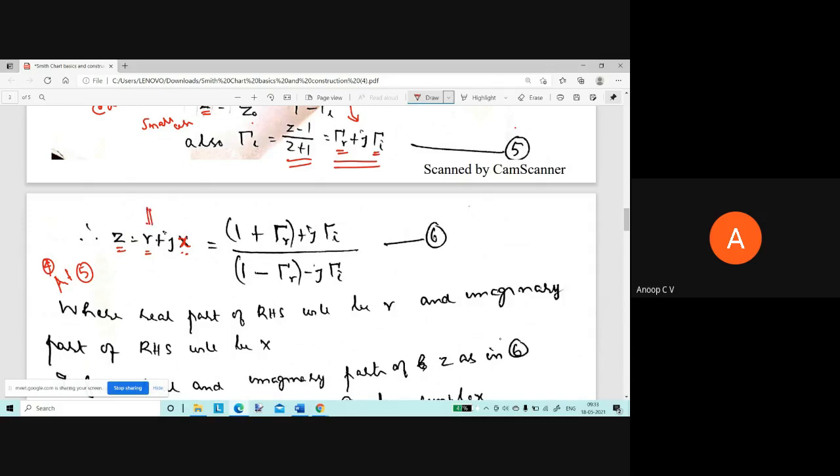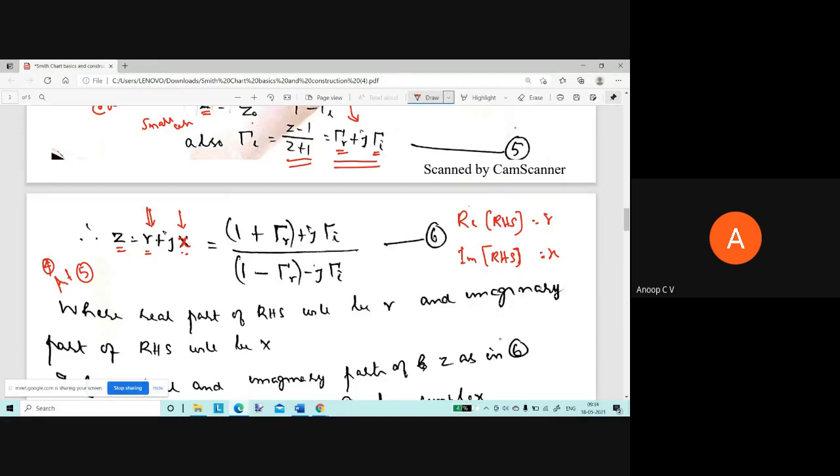We need to find what this R and X are. R is nothing but the real part of this right hand side, and X is nothing but the imaginary part of the right hand side. But if you see the right hand side, it is a fraction of two complex numbers in Cartesian form.